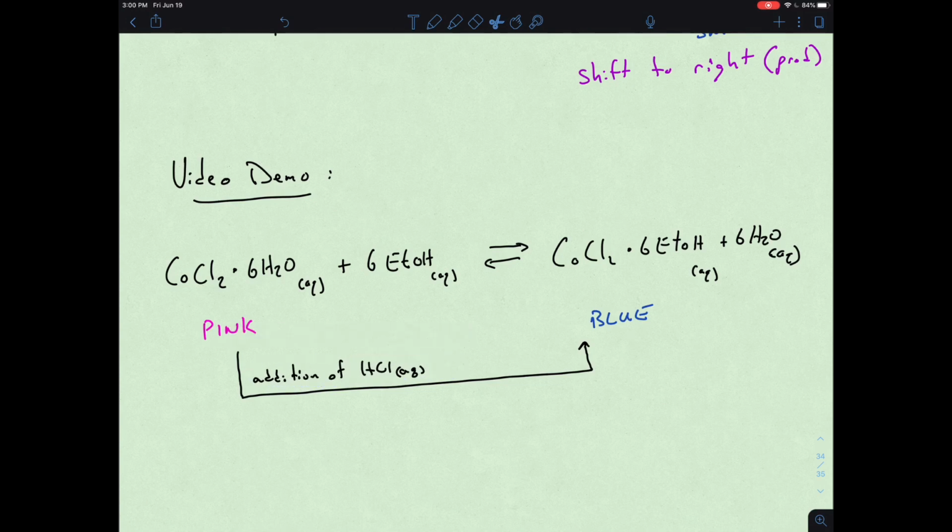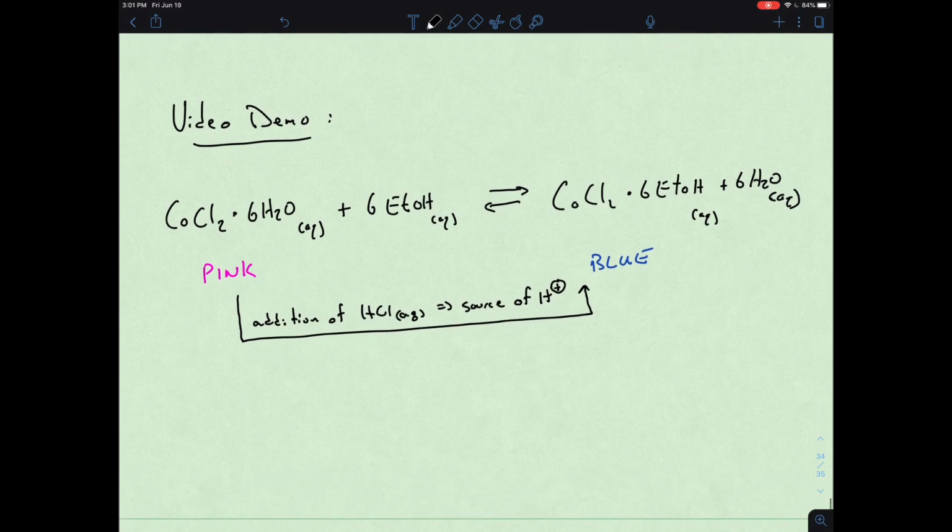Well, hydrochloric acid is a source of H+, and protons, as they're called, H+, react with H2O to form hydronium ion.